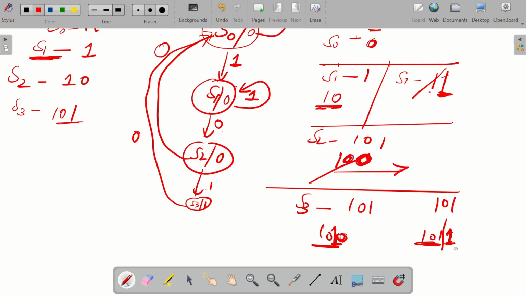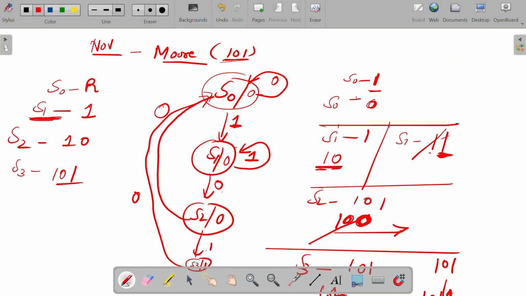I'll move to the state where I have 1 bit 1 with me, that is the S1 state. S1 is a state where you receive the first bit of the sequence. So from S3 state, if you receive a 1, you move to the state S1.